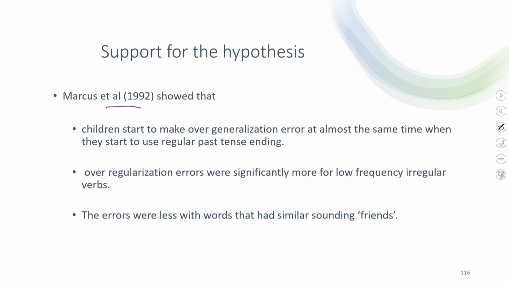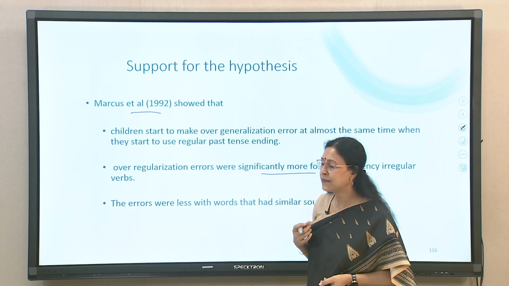Over regularization errors were also significantly more for low frequency irregular verbs. This is also something that the dual route hypothesis takes care of, that frequency does play a role. The high frequency words will be learned faster, low frequency words will be learned later, as a result of which the errors will be more in low frequency. So, that is again support that you get from this finding.